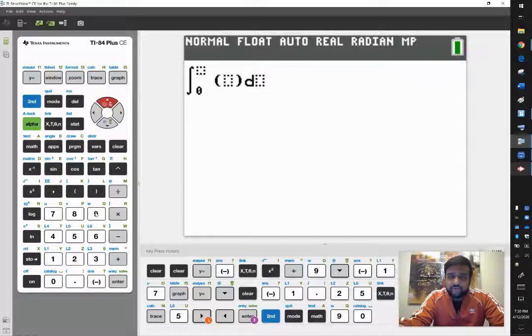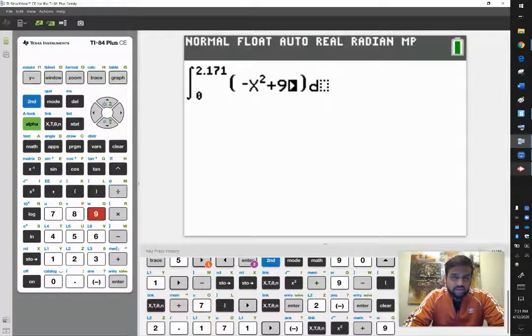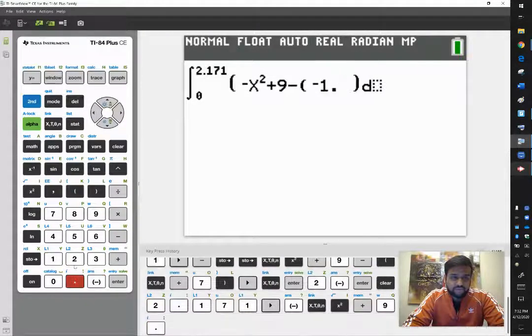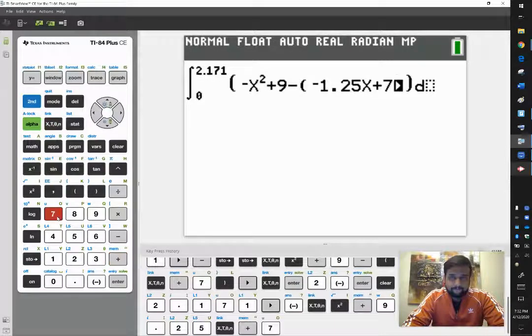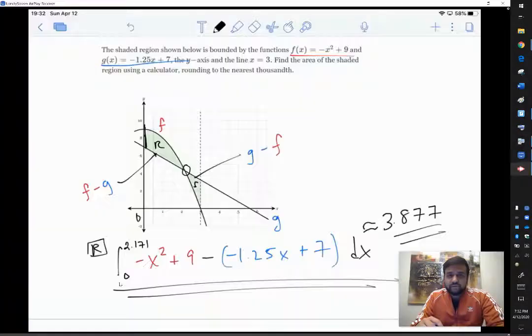We're integrating from 0 up to 2.171 of negative x squared plus 9 minus, use parentheses, negative 1.25 x plus 7, with respect to x, and the area of region R is approximately 3.877 units. So going back here for a moment, 3.877 units.